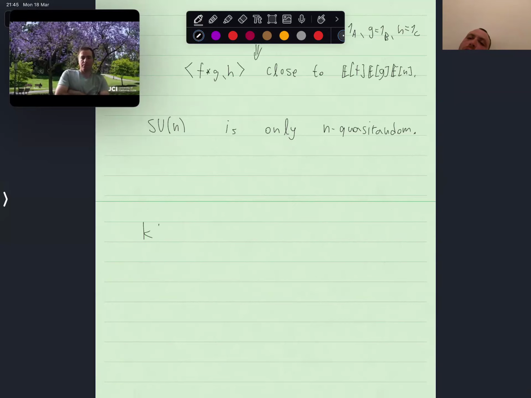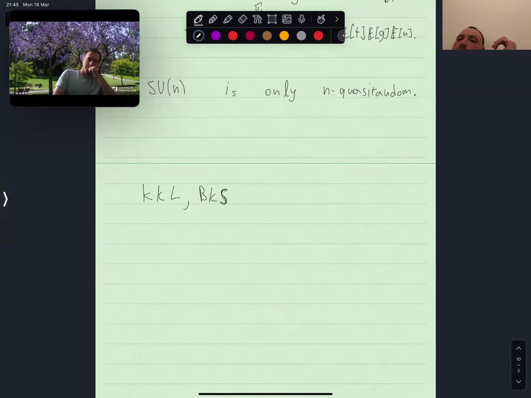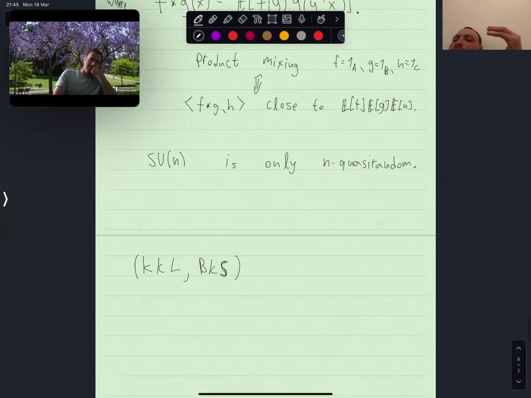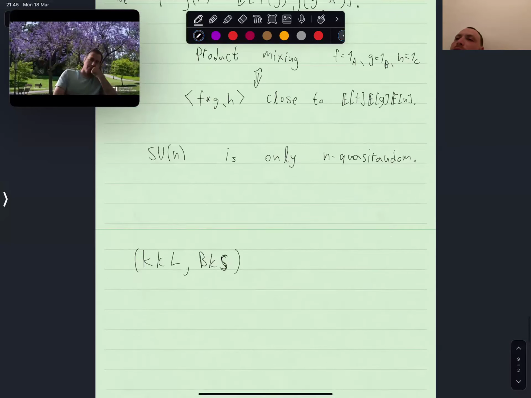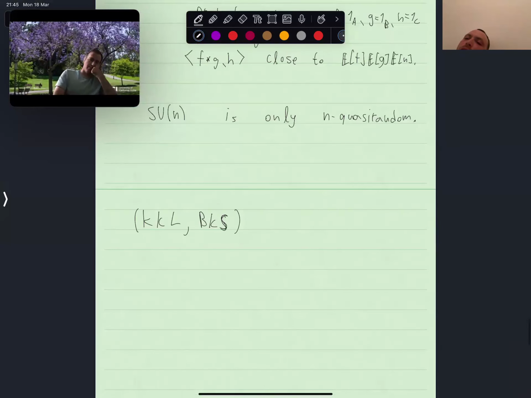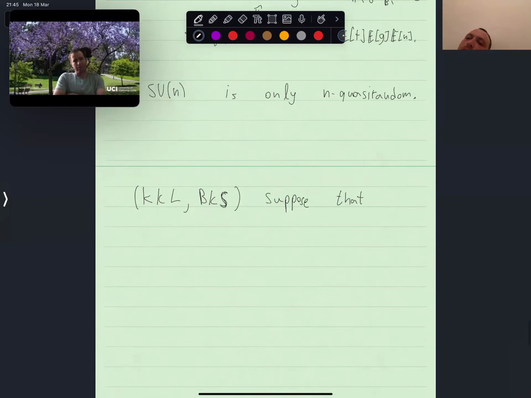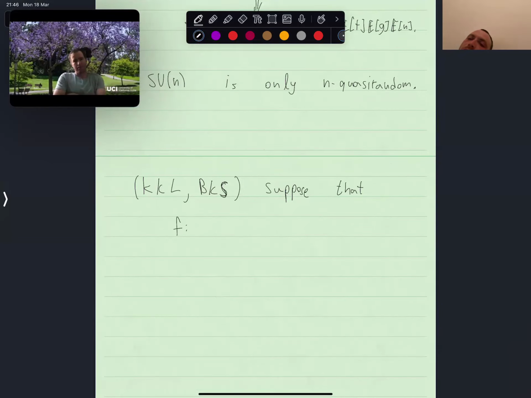So one theorem is due to KKL, or maybe BKS, I'm not sure. Basically, KKL prove something slightly different using 4 norms, but then you can use Q norms to obtain the following. Okay, so suppose that F is a function from the Boolean cube.